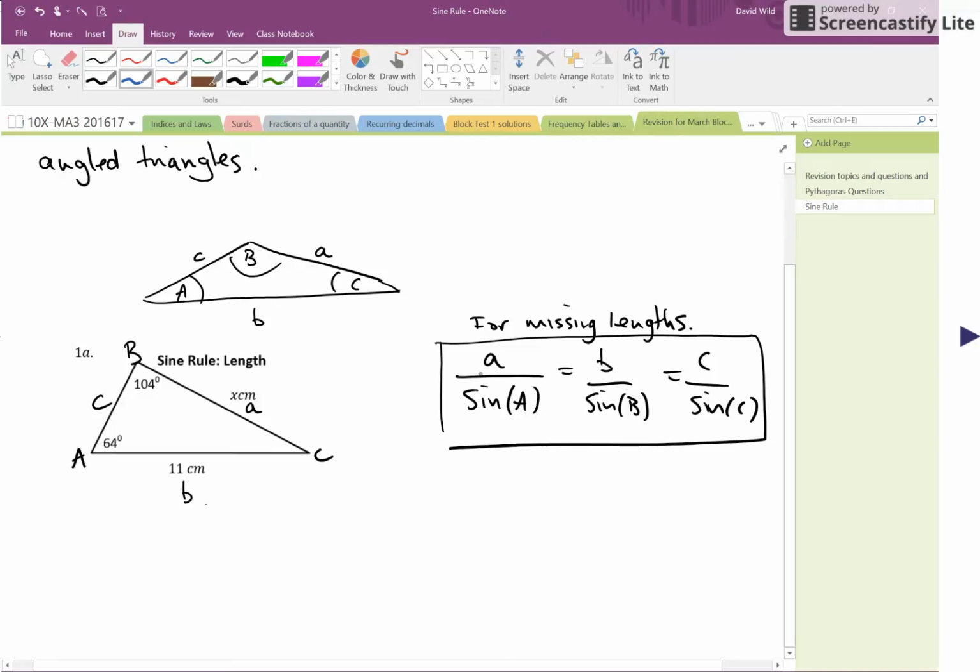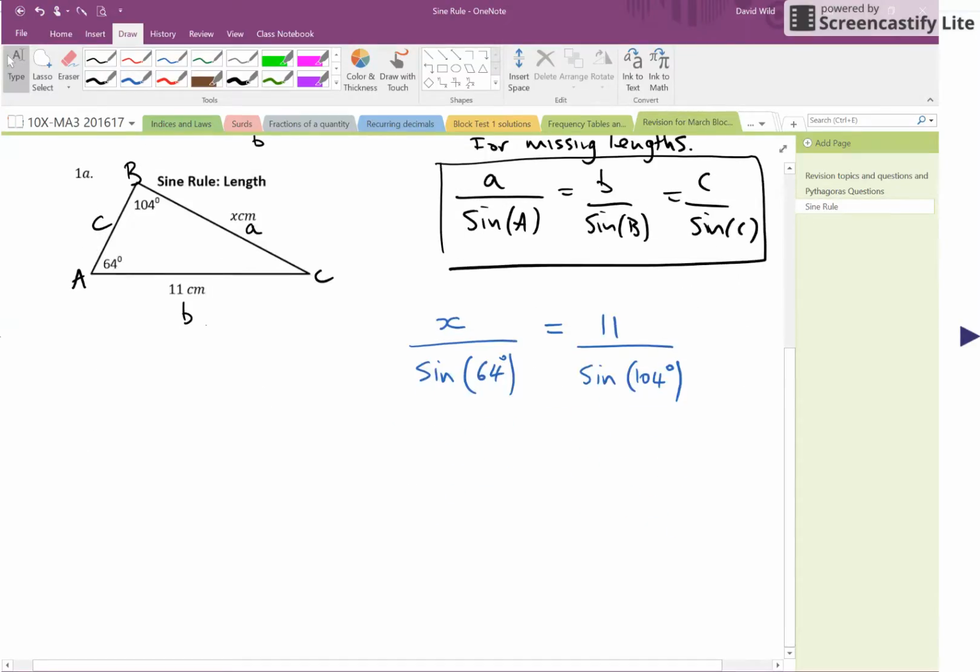So we're going to start off with our a, that's our x that we're trying to find, divided by the sine of the angle that's opposite to that. And remember, this is our A here, 64 degrees, so that's the sine of 64 degrees, is equal to, and now we've got our side b, which is 11, divided by the sine of the angle opposite, which is 104 degrees.